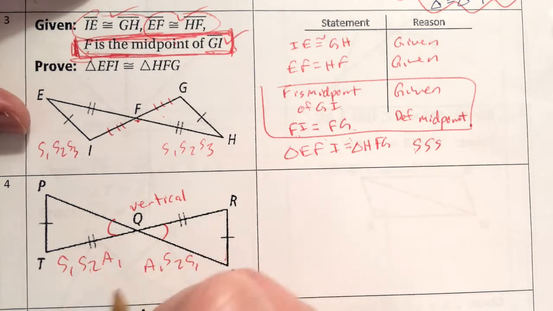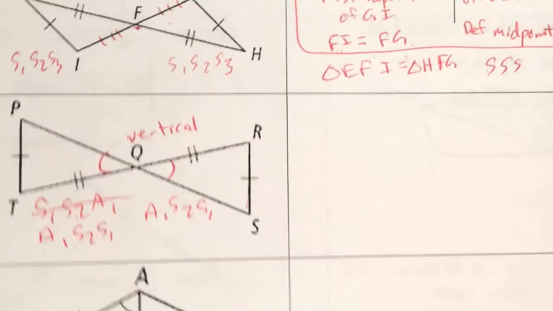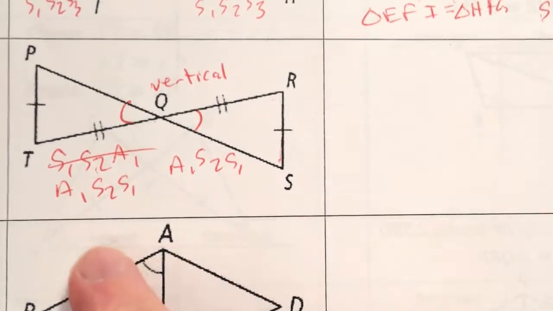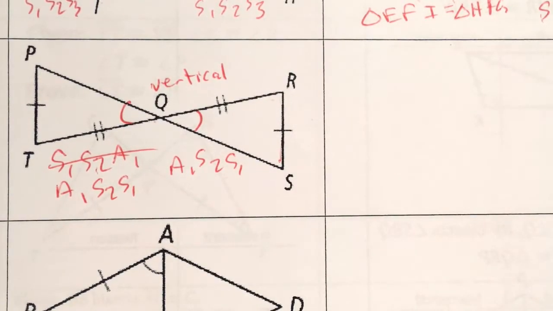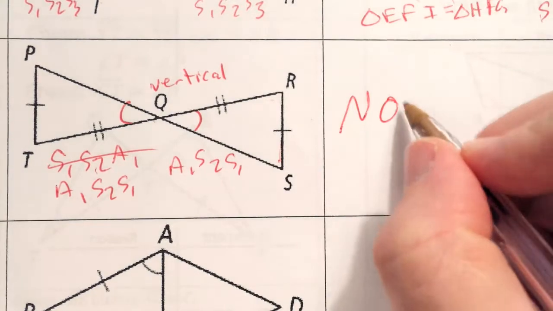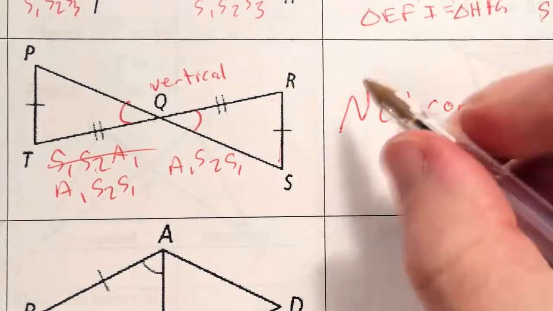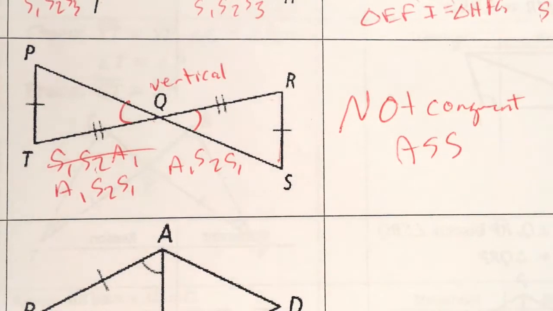Maybe if I just flip one of these around. That'd be angle 1, side 2, side 1. Okay, do they match? They completely match. However, you just told me the word ASS, and ASS is bad. ASS and ASS backwards are bad. So this is no good. This is not congruent. That's the answer. And can you tell me why? Because of ASS. All right, so no I's.